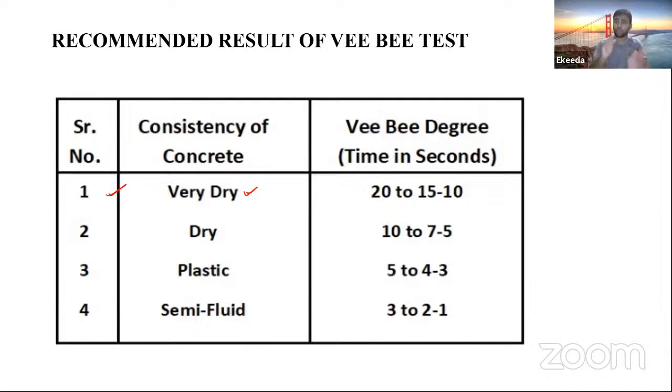Just tell me, if the concrete is stiff, it is not workable, then the time required to change its shape from the slump cone to the cylindrical shape, is it more or less? If the concrete is stiff or very low workable, then the time required for changing its shape will be high or low.